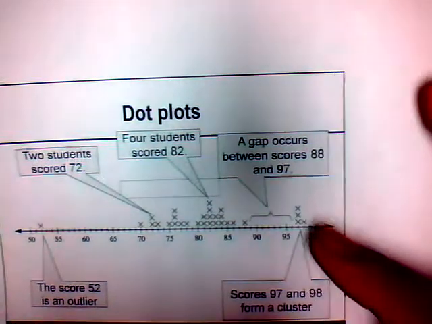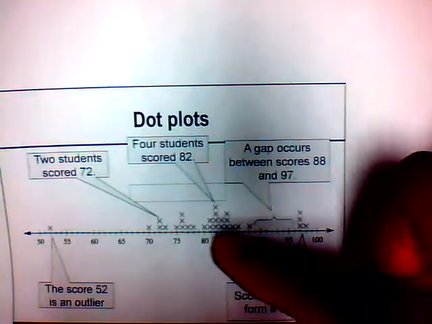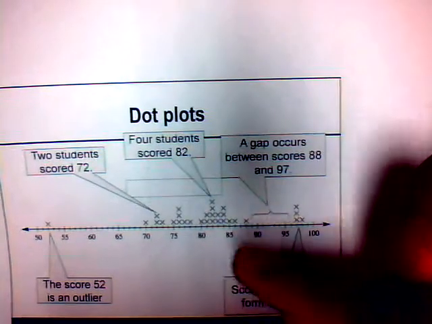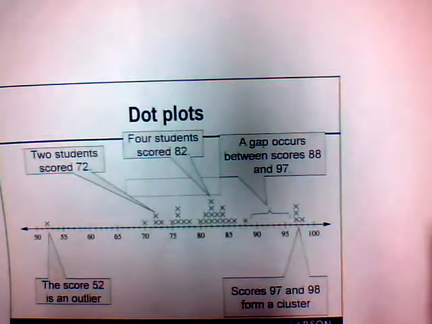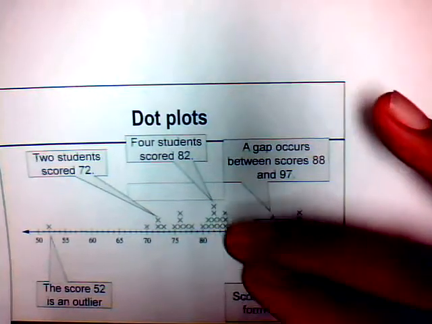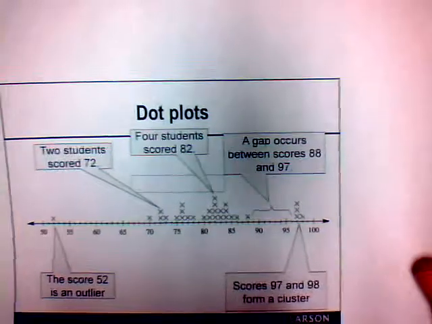Okay, and keep in mind that's only one example of a cluster. There are other types of clusters that you see here, like from 80 to 86, I believe. That's also a cluster because you have most of the data values that are close to each other.